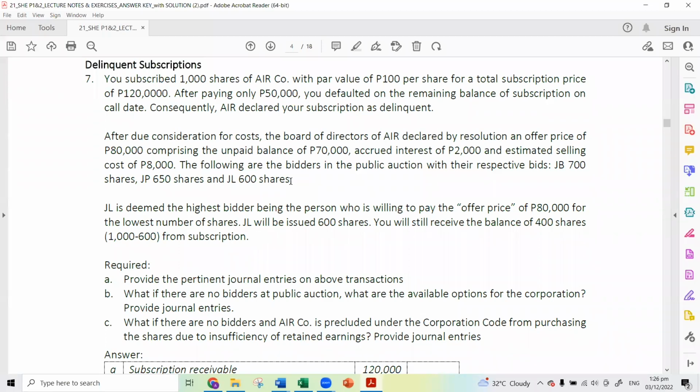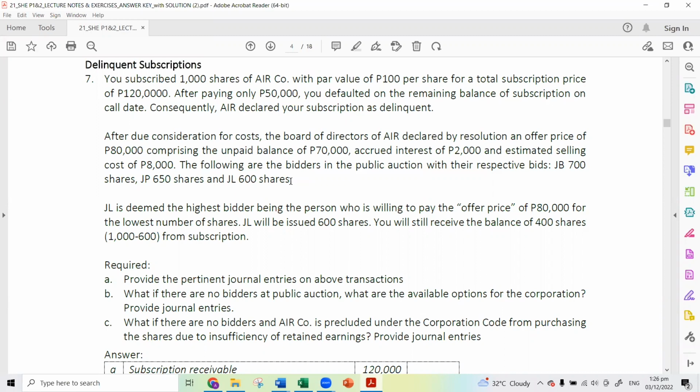Diba, pag sinabi natin subscription, this is the contract between the investor and the issuer na nangangako siya, nabibilhin niya yung certain amount of shares, certain portion of the total authorized capital. So, paano pag hindi pa binabayaran? If that subscription price remains unpaid. Kailan? Siyempre, yung due date na sinet ng BOD, ng Board of Directors. Okay?